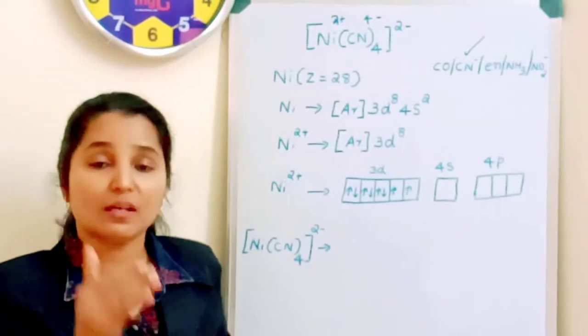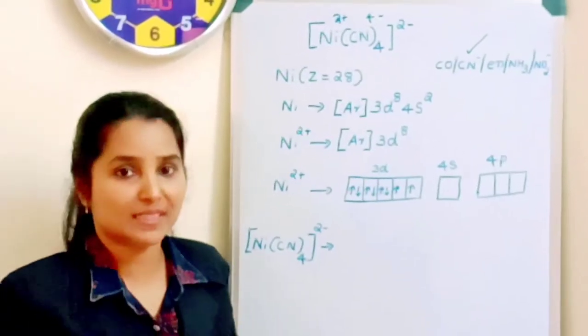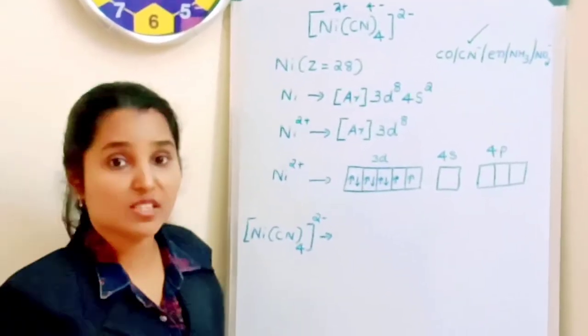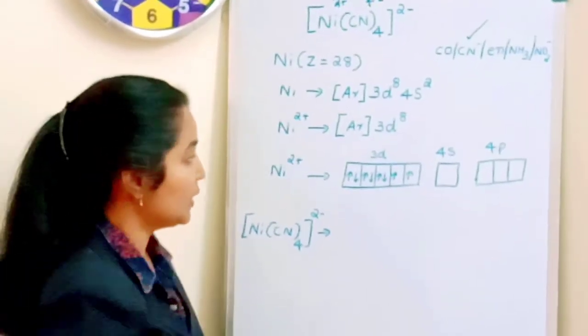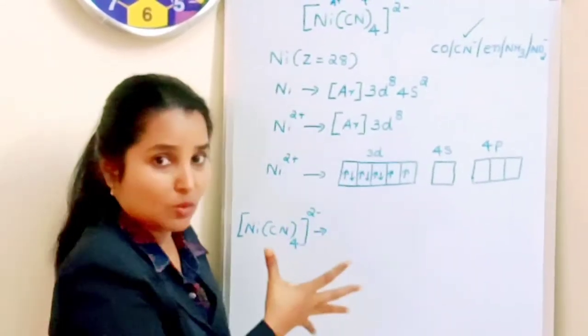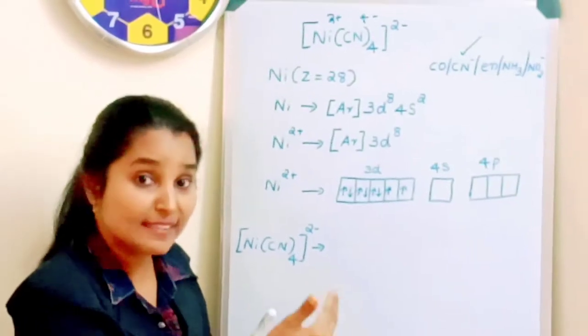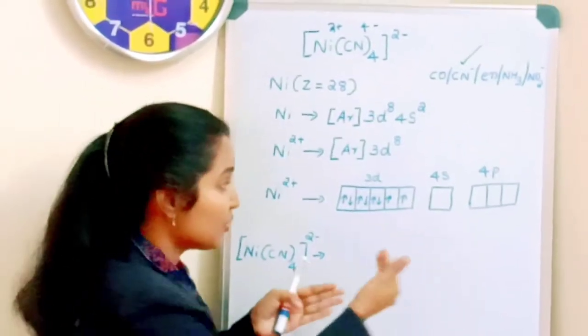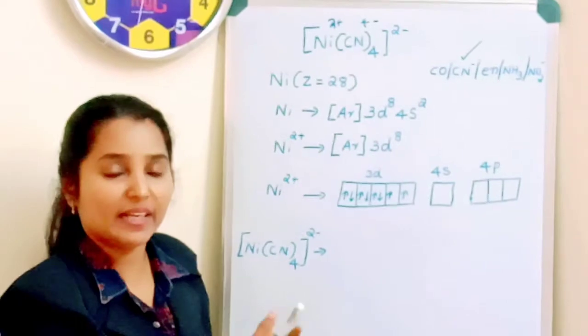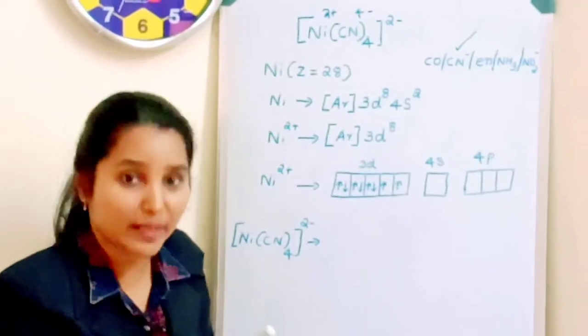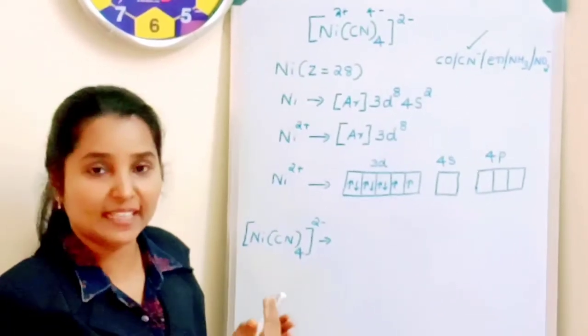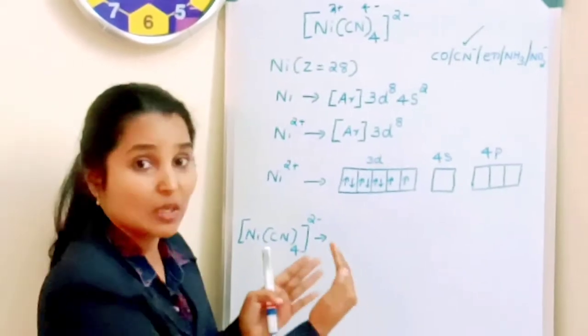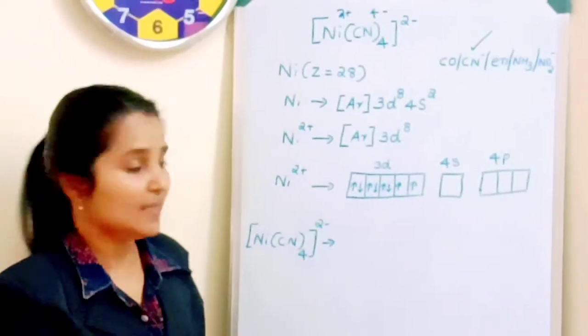When a strong ligand approaches the central metal ion, its field strength is very strong. So what will they do? They will push the electrons that are arranged according to Hund's rule to get paired up. The electrons are compelled to disobey Hund's rule, get paired, and arrange themselves as closely as possible.